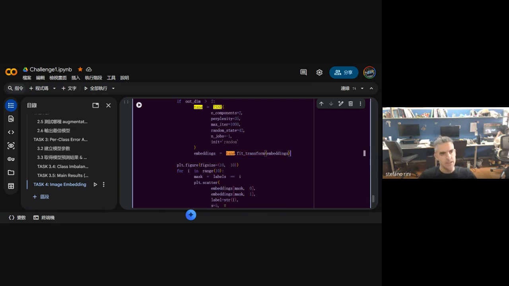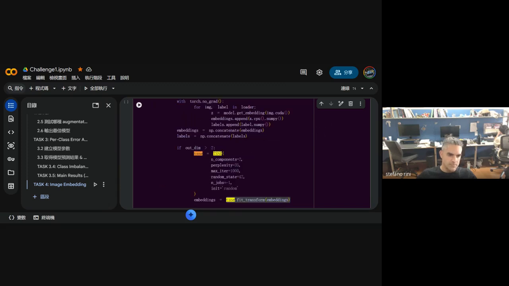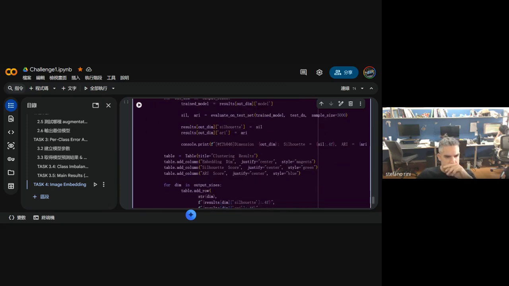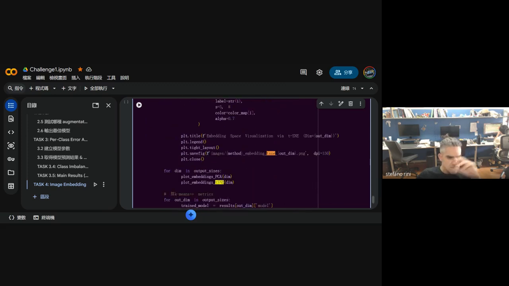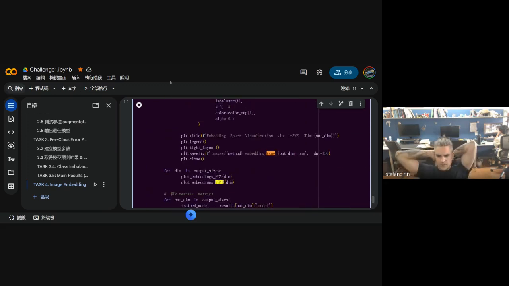Yeah, just the training t-SNE fit transform. So what are the parameters there? Okay, got it. Components 2, perplexity, random state. Okay, good. Okay, we're good.